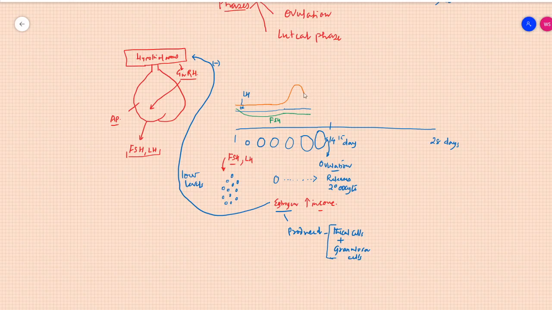So this continues to decrease, and then after ovulation, corpus luteum is being formed. As a result, after the mid-cycle, it begins to rise again, and it rises again like that.